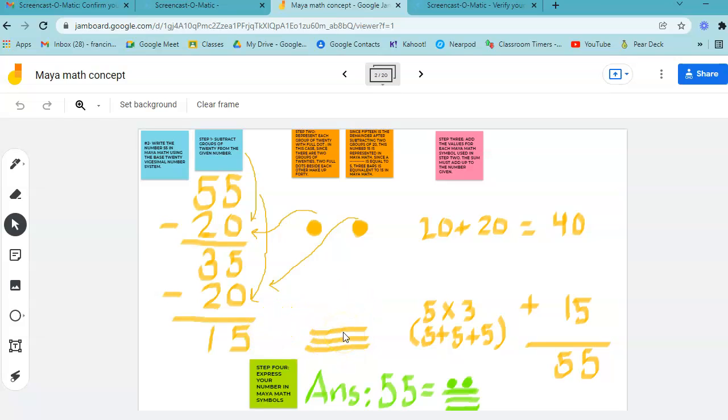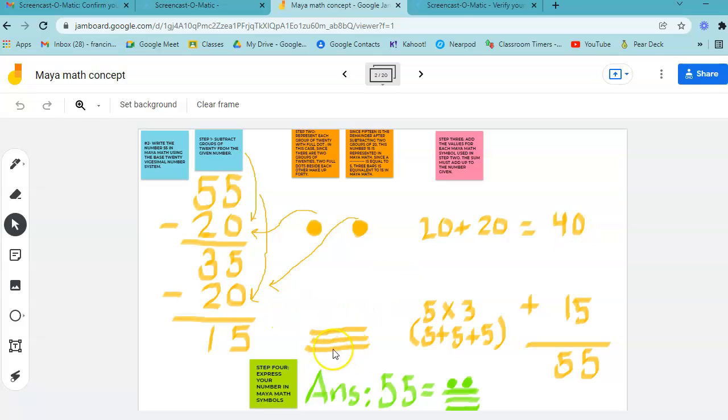Step 3. Add the values for each Maya Math symbol used in step 2. The sum must add up to the number given. So here we have 2 full beans, each equivalent to 20. So 20 plus 20, or 20 times 2 is equal to 40.